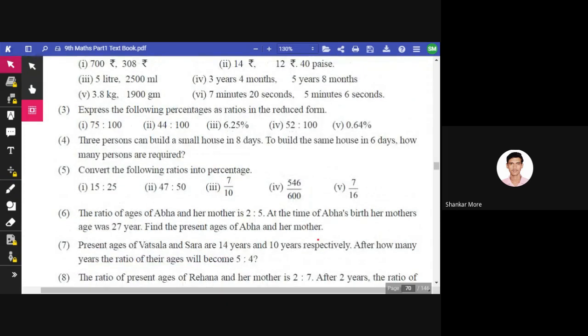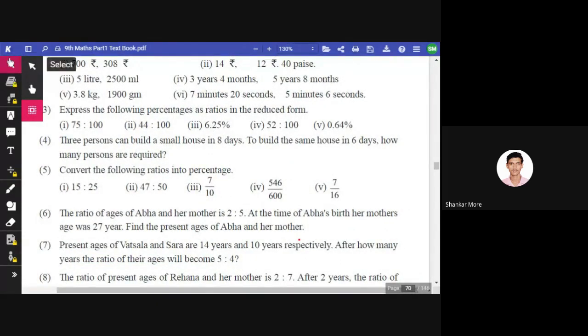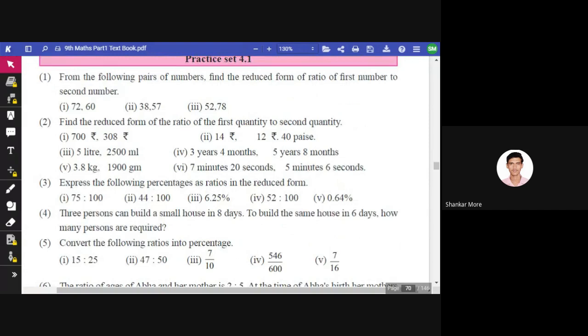And what was the homework I gave you? And did you do it or not? Okay. So I guess we have seen some questions from practice set 4.1, isn't it? The remaining questions are homework.